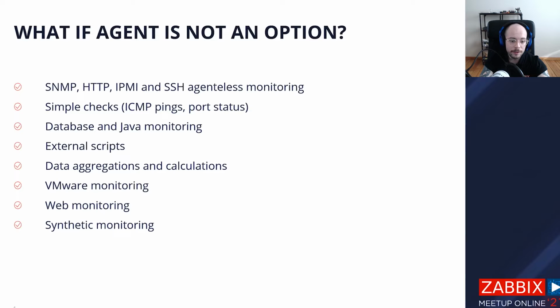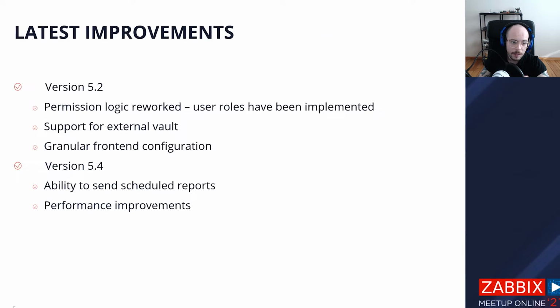And what we have introduced, what is fully supported in 5.2 and 5.4, is synthetic monitoring, which is the ability to define our own JavaScript to create synthetic monitoring scenarios for our websites. This is really amazing. This is something that web monitoring has been lacking for quite a long time. But now we have the ability to define our own JavaScript, define really complex scenarios, and thus implement synthetic monitoring of our websites or anything else by using JavaScript.